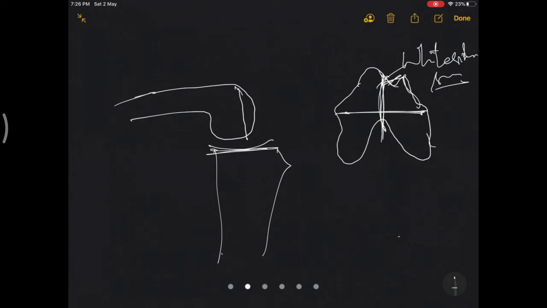So usually, at the confluence of the transepicondylar line and Whiteside's line, and around 2 to 3 mm medial to this, you take an entry point.